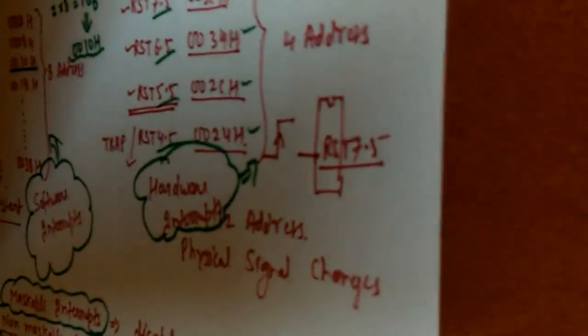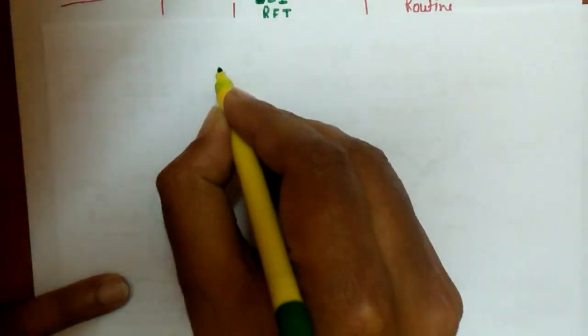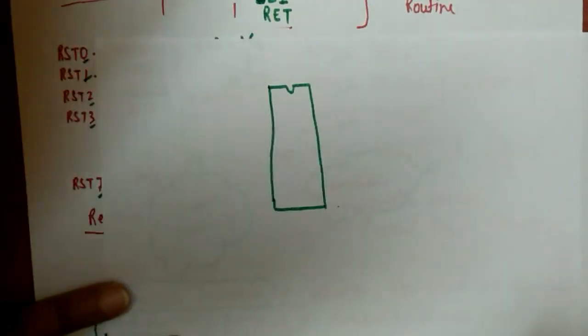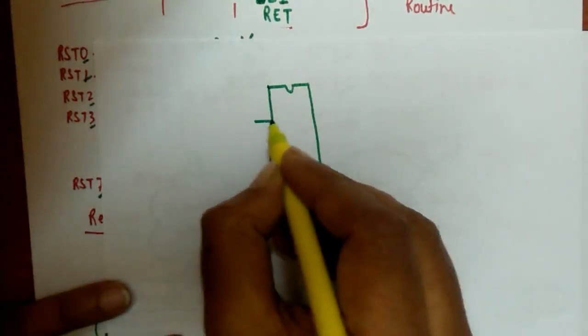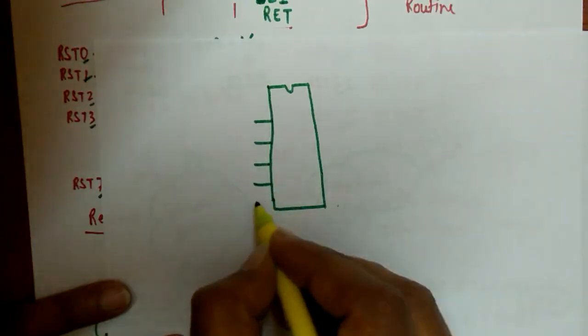Next is what kind of signal changes will be there for individual interrupts. So this is our 8085 microprocessor.